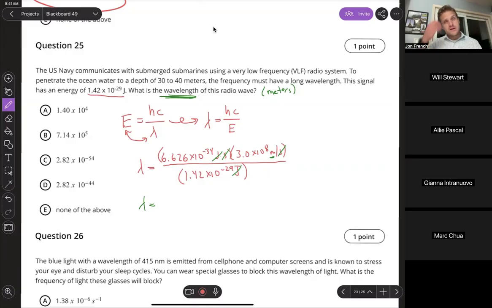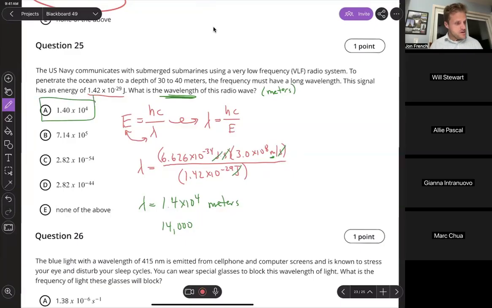Like 14,000 meters, so on the kilometer scale, which is a huge wavelength. I get 1.4 times 10 to the 4 meters, right? So 14,000 meters would be like 14 kilometers, the length of one wavelength for that.